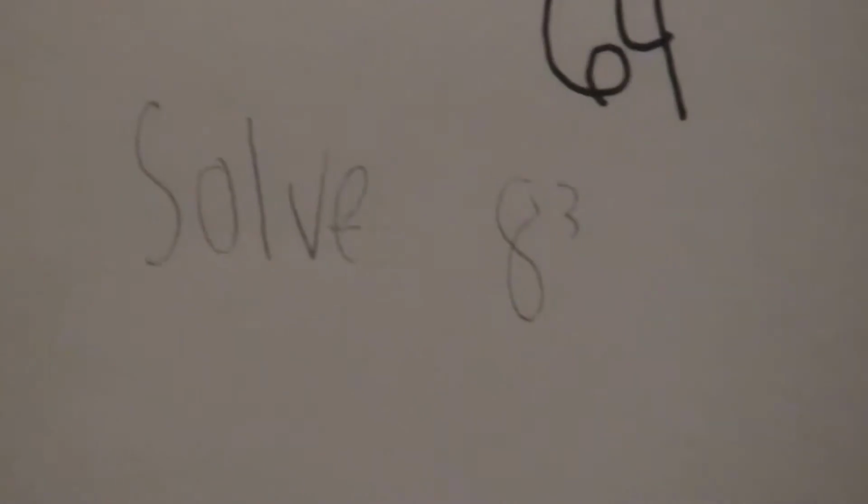Now it says solve 8 to the 3rd power. Same logic applies, but it's not squared, it's 8 cubed. You would read the 3 as a cube. And for 8 to the 1st power, there's no special word. You just say 8 to the 1st power, 8 to the 4th power, 8 to the 5th power, etc. So solve 8 to the 3rd power.